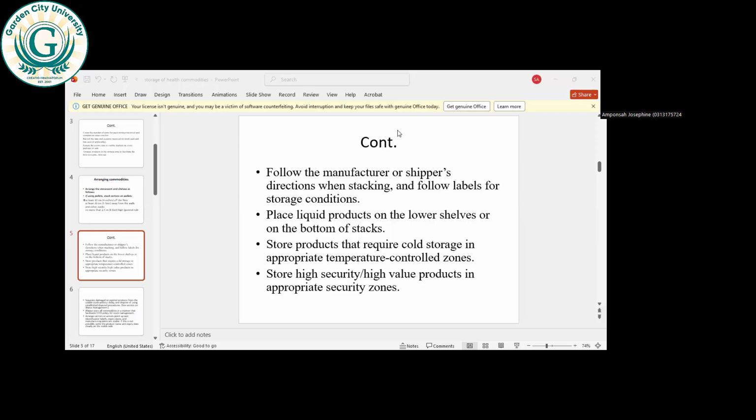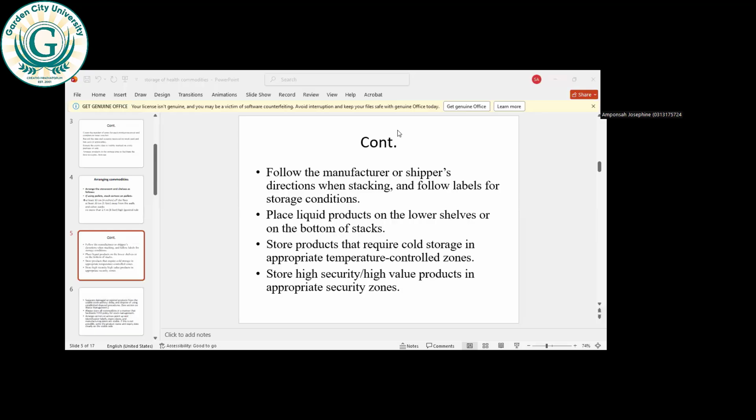And these days, most of those in the rural areas are being given solar power so that they will be able to do it. But after dispensing the drug to the patient, what happens? That has been my worry. That has been my challenge.